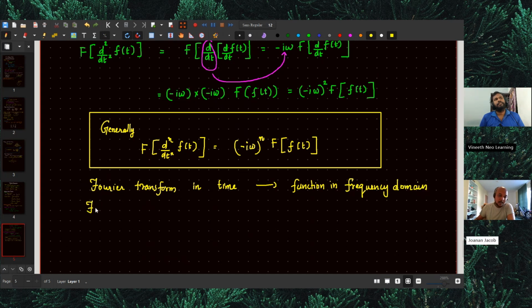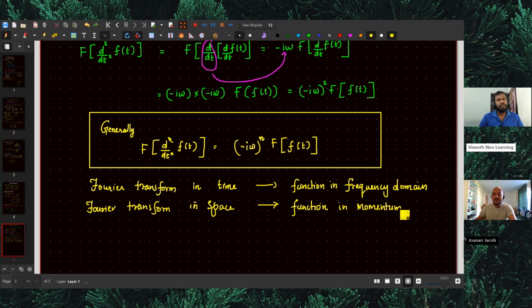And the Fourier transform in space, what will it lead to? Spatial frequency, one over length. Think about Brillouin zones: the wave vector. It leads to a function in wave vector space, or momentum space. Here we are only concerned about the Fourier transform in time.